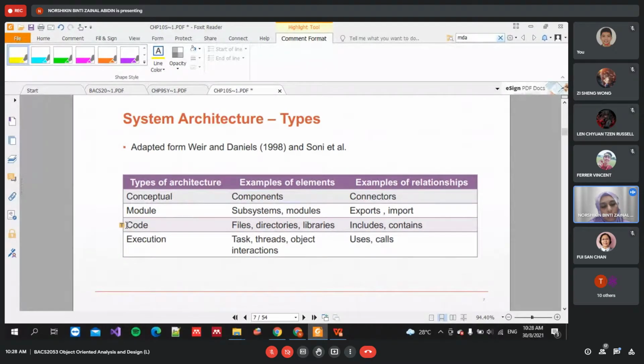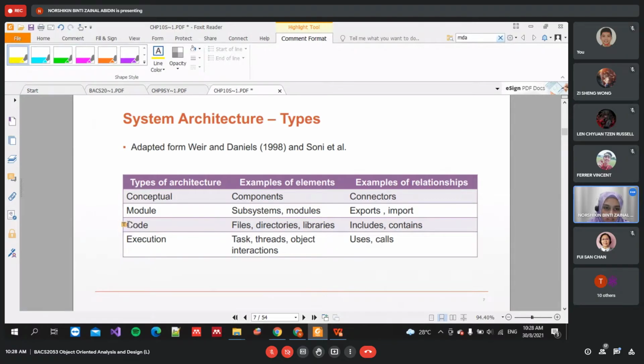And then code. For your level, you already know what code is. Code is C or programming. Examples of elements are files, directories, and libraries. Examples of relationships are include and contents.